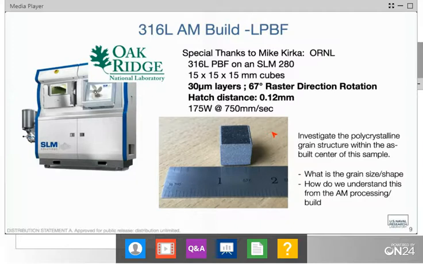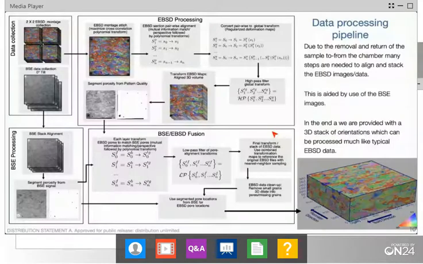And so the processing pipeline for these sections, the data that we have, looks like this. You can see this is kind of a dense slide. I don't know if I'll go through all of it, but I want to highlight some points here. Here's our 2x2 montage of EBSD maps up in the upper right-hand corner. We also collected backscattered electron images, and this was done at 0 degrees tilt, whereas the EBSD was done at 7 degrees tilt.